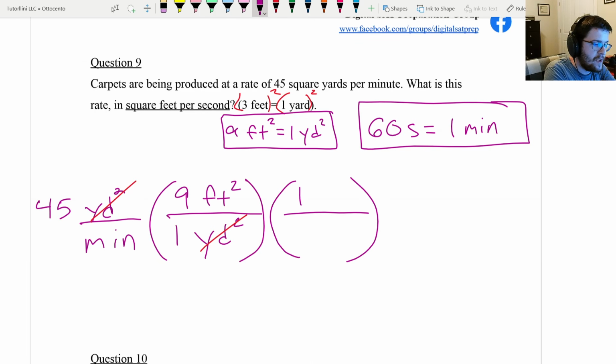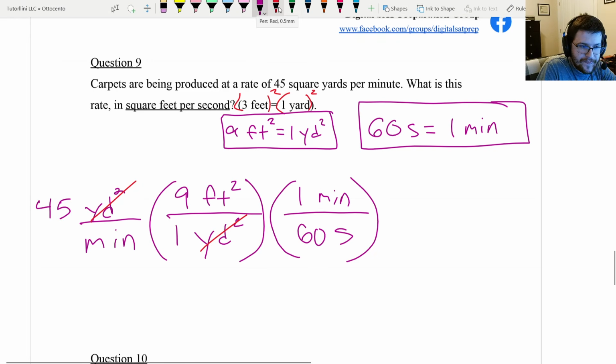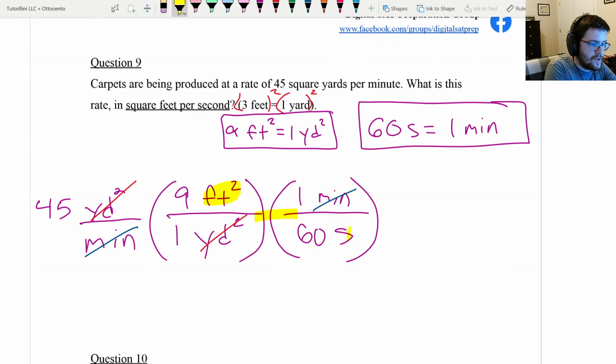And I'm going to put 1 minute on the top, 60 seconds at the bottom. Again, if you guess wrong, guys, just switch them. You've got a 50-50 chance of doing it right every time. Now minutes is on opposite sides of the division sign, so those guys cancel. And we're left with square feet per second, which is what we want.